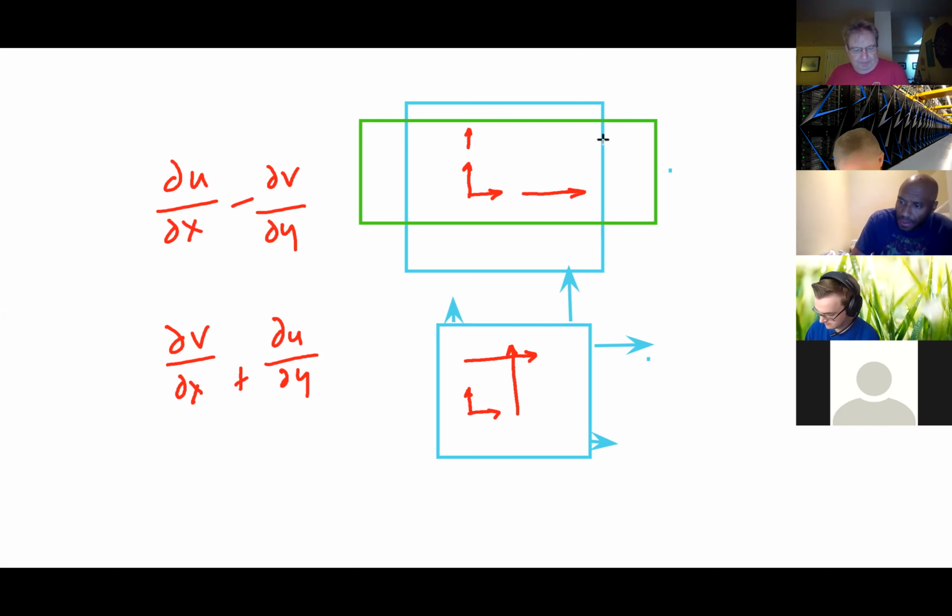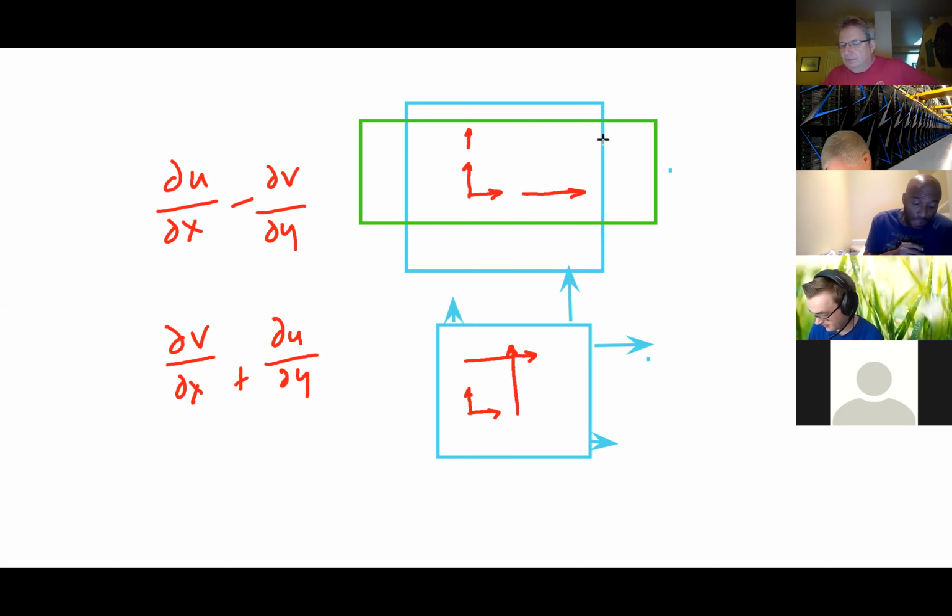It's a negative du/dy. But how would you describe it in words?